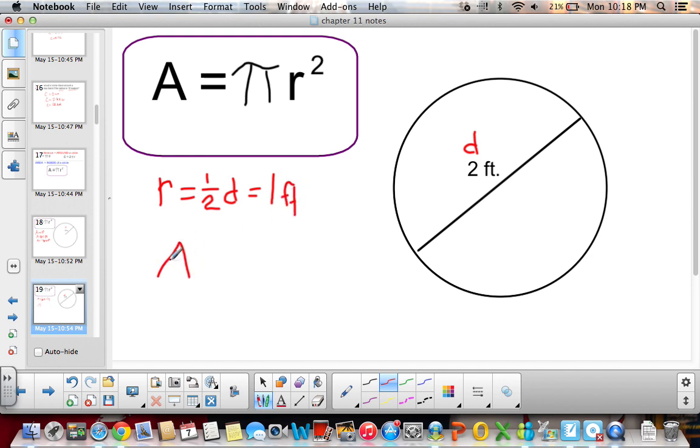So the area then is A equals 3.14 times 1 squared. 1 squared is just 1. 1 times 3.14 is 3.14. So A equals 3.14 feet squared. So it's basically pi in units squared.